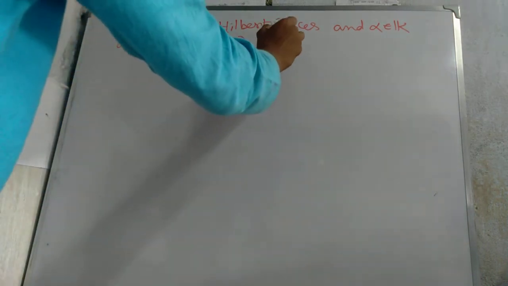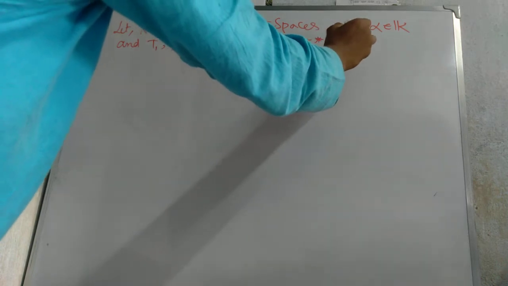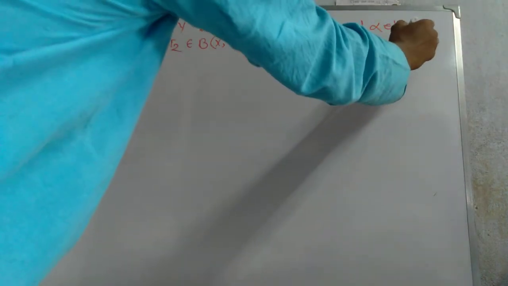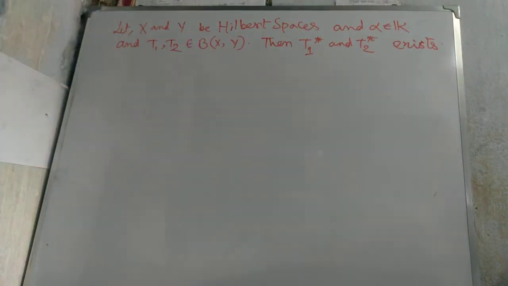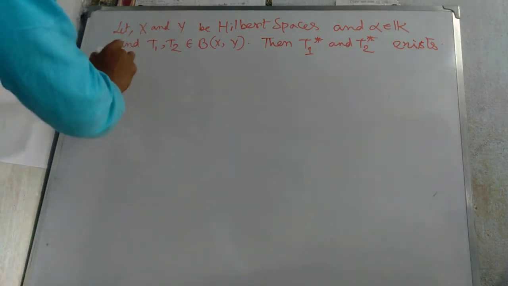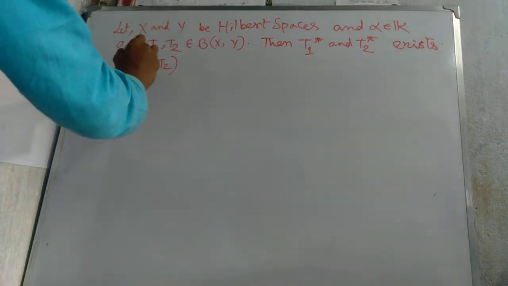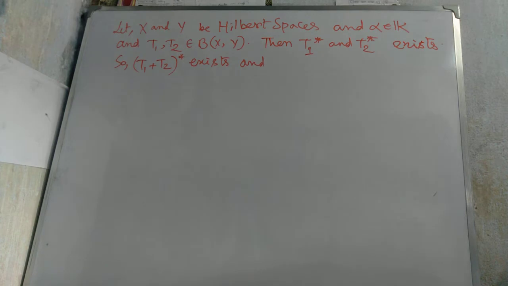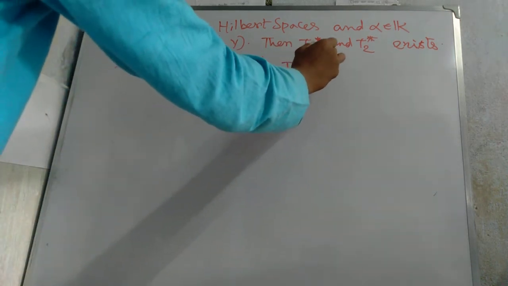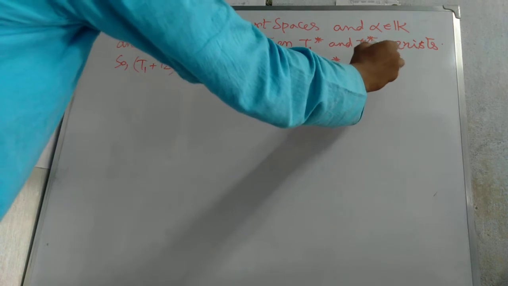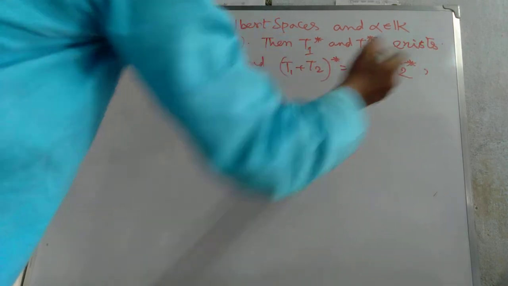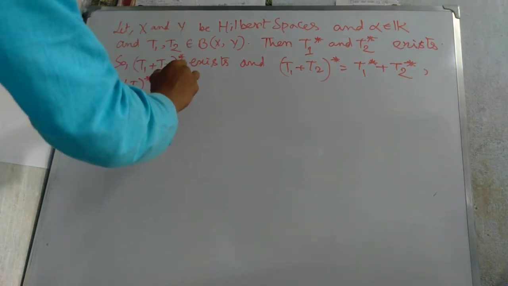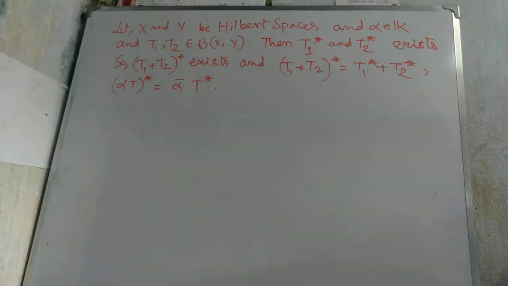Then T1 adjoint and T2 adjoint exist, so (T1 plus T2) adjoint exists, and (T1 plus T2) adjoint equals T1 adjoint plus T2 adjoint, and (alpha T) adjoint equals alpha conjugate T adjoint.